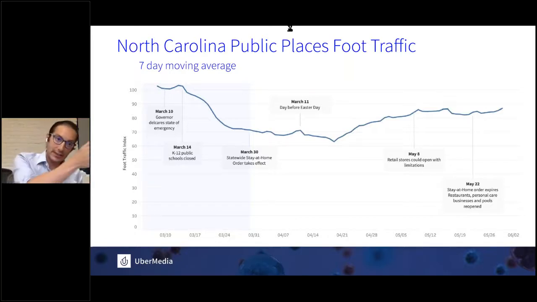So you see a scale on the left there, 100% means it is exactly what activity was like, people visiting these public places prior to COVID happening. A foot traffic index of 50 would mean it's down 50%. So we're taking tens of thousands of public locations, aggregating them together and understanding basically how down are we and how quickly is it ramping up as people start to do things.